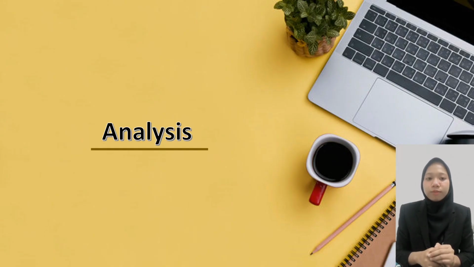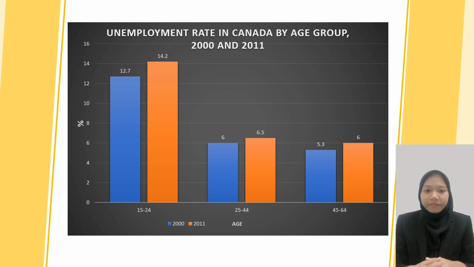Now, let us move on to analysis. The graph shows the unemployment rate for three groups by age, which is 15 to 24, 25 to 44, and lastly 45 to 64. Youth unemployment is the number of unemployed persons aged 15 to 24, expressed as a percentage of the number in the labor force.